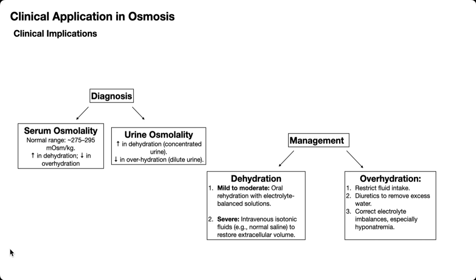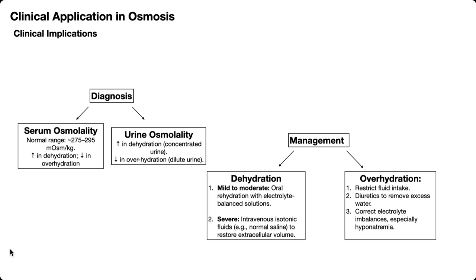So urine osmolality is going to be increased in dehydration. It's going to be decreased in overhydration. So when it's increased in dehydration, it's going to be concentrated urine. We're going to get rid of less water, more solutes. In overhydration, we're going to get rid of more water, less solutes.